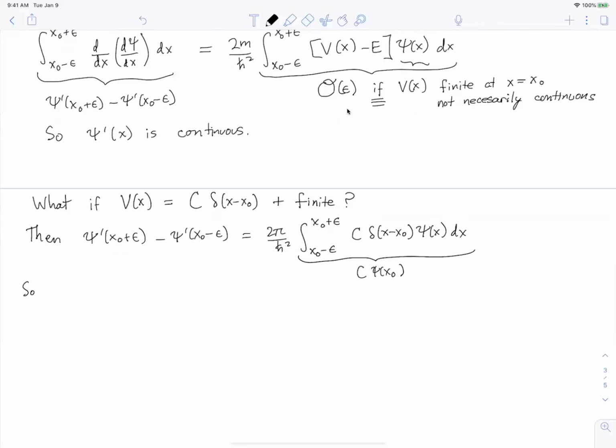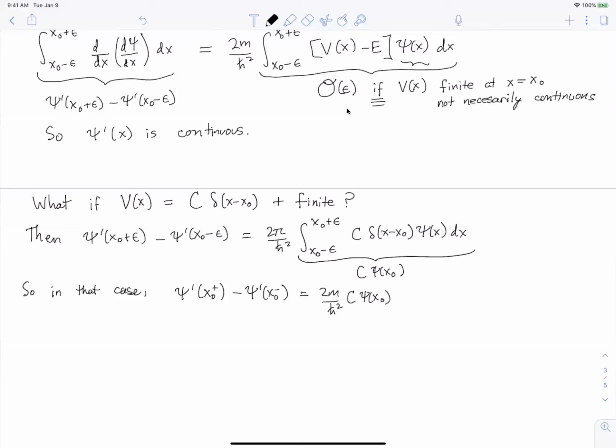Okay, so in that case, psi prime of x0 plus, that's the same thing as x0 plus epsilon, it just means x0 plus a tiny bit, minus psi prime of x0 minus a tiny bit, equals 2m over h bar squared times the c that went in the potential times the value of the wave function there, which again is unambiguous because the wave function is continuous.